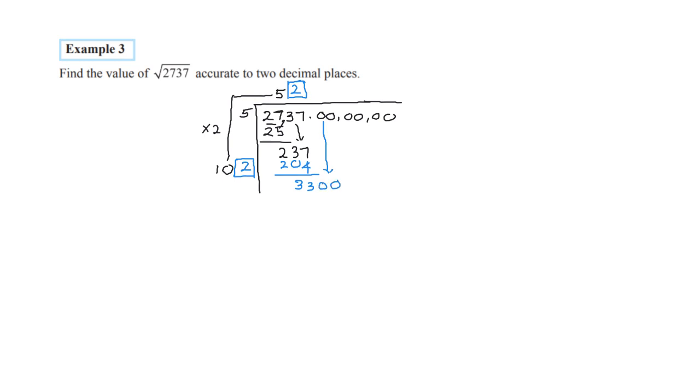I write it here. Then, next step, you have to multiply. So you have to put the decimal sign here. Then you have to double the number. You have to double 52. 52 times 2 makes 104.